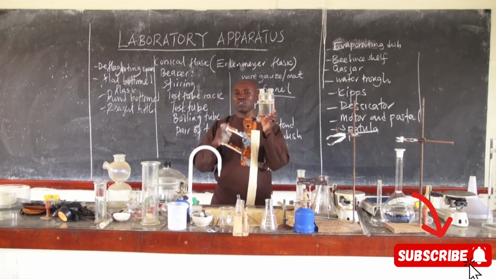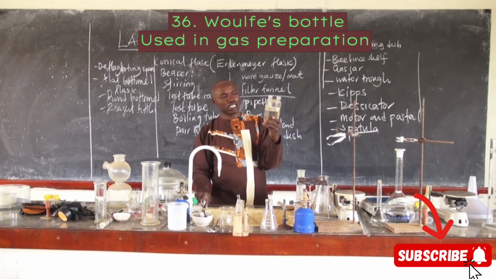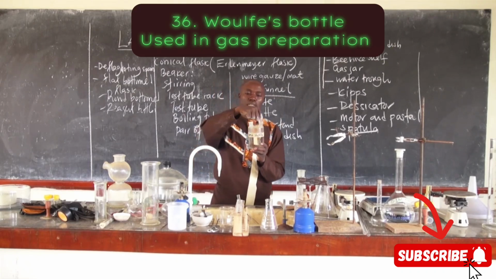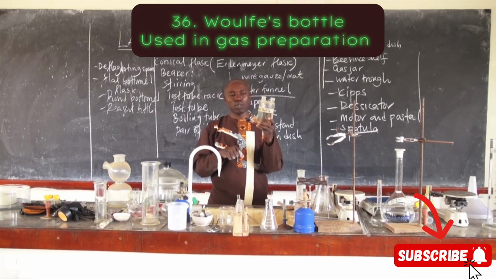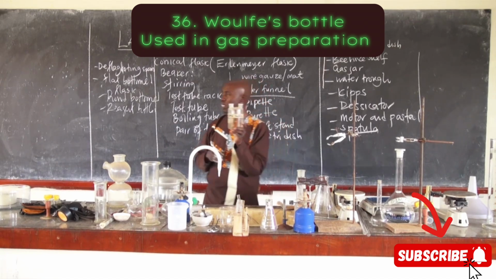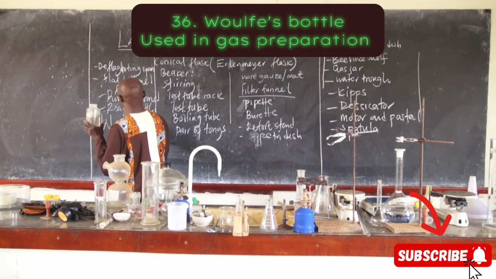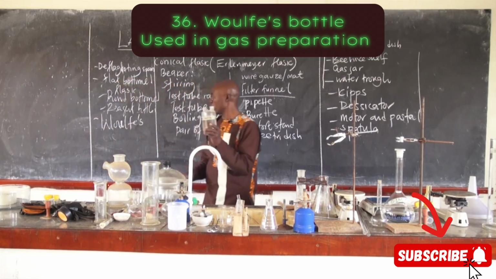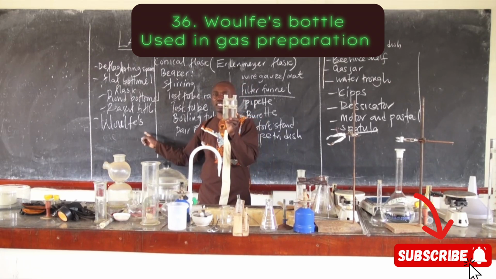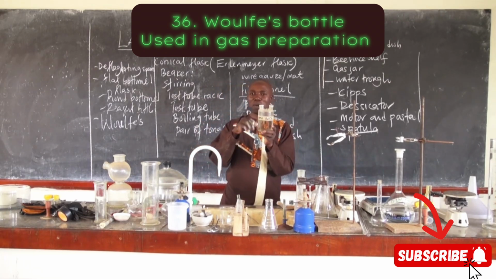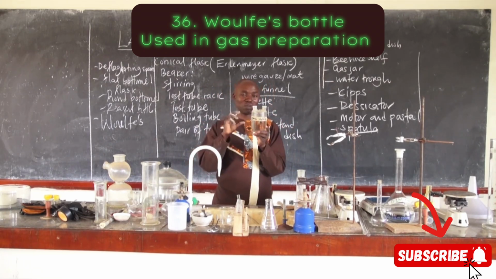Then we have this bottle that has two openings here. Commonly we call it a wash bottle, but the proper name, after the scientist, is the Wolfer's bottle. Normally we call it wash bottle to simplify life.